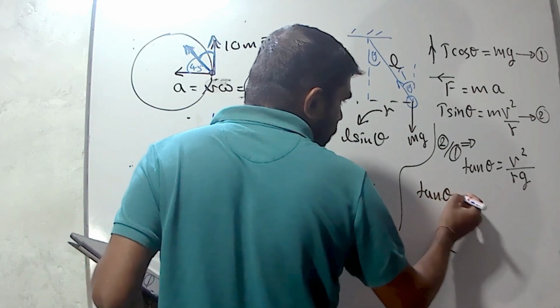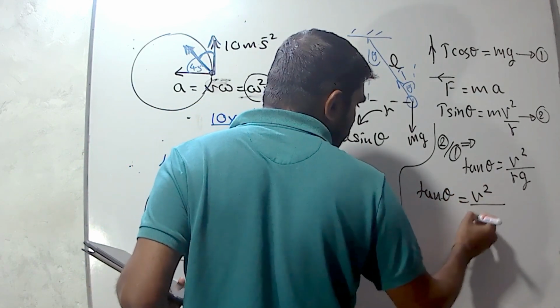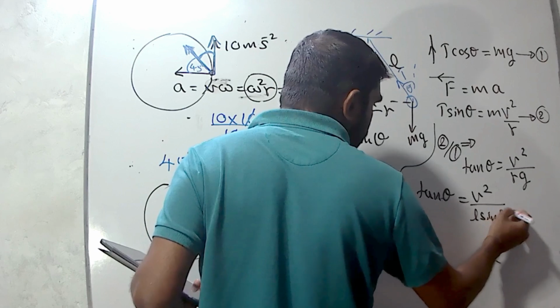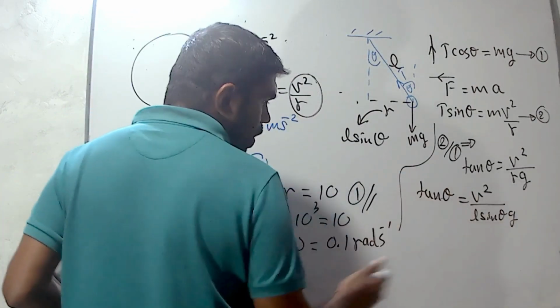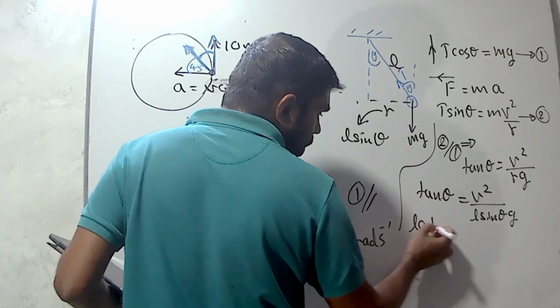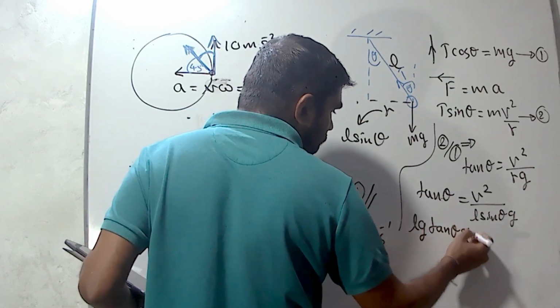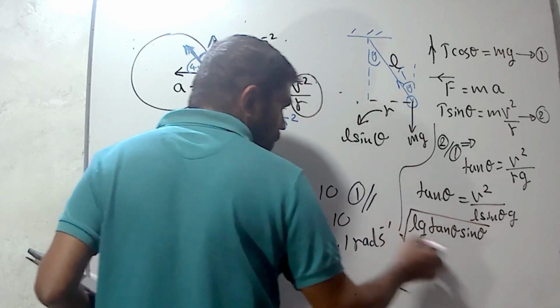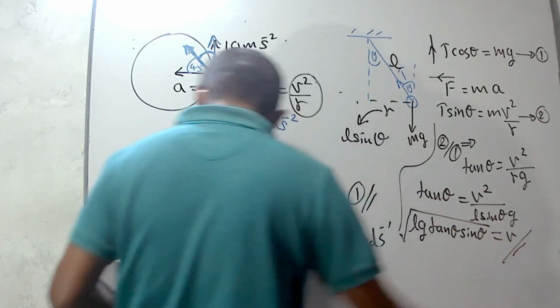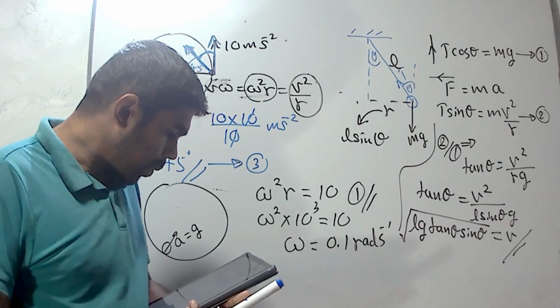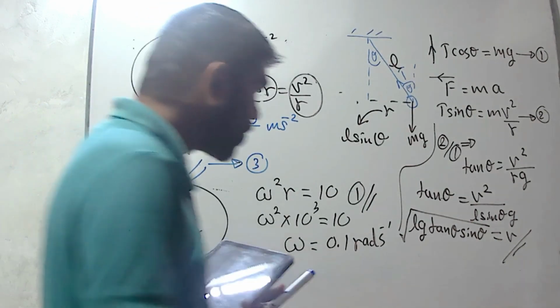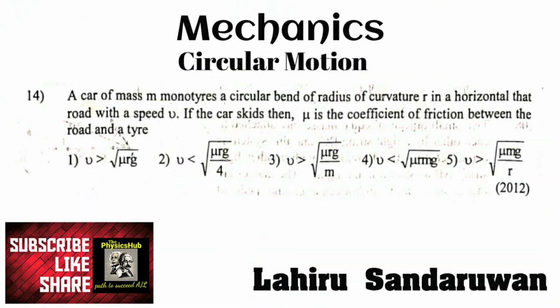Tan theta equals v squared divided by L sin theta g. Then we can bring this term to this side. The velocity is equal to the square root of Lg sin theta tan theta. Then the answer is 1.